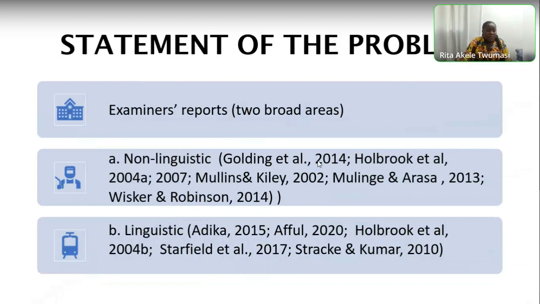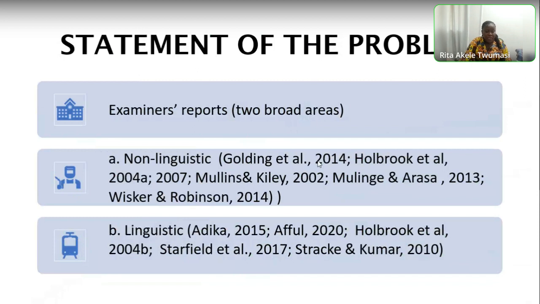Broadly speaking, studies on thesis examiners' reports can be grouped into two: linguistic and non-linguistic. The first, non-linguistic, includes studies on communication, rates, and assessment criteria, like Holbrook 1984, Holbrook 2004A.